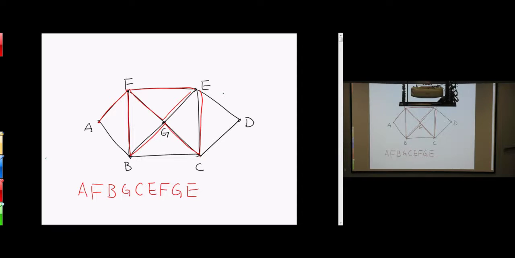So there are 4: A, B, B, C, C, D, and D, E. We haven't traveled, right? So you have to tell me which one you want to travel next. D, D. Okay, good. So DE.